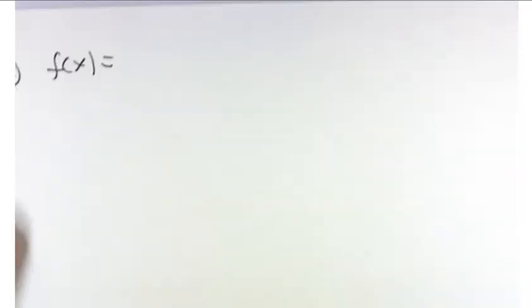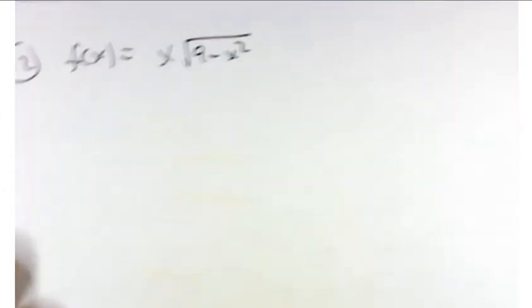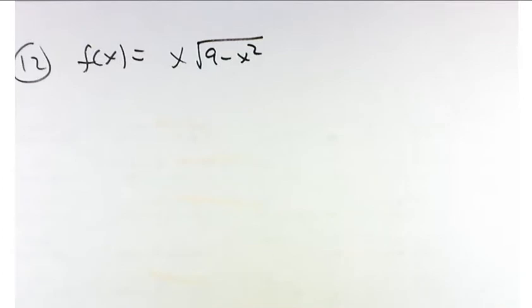Okay, so problem number 12. Zoom out a little bit. There we go. f of x is x times the square root of 9 minus x squared. All right, a lot going on in this one.